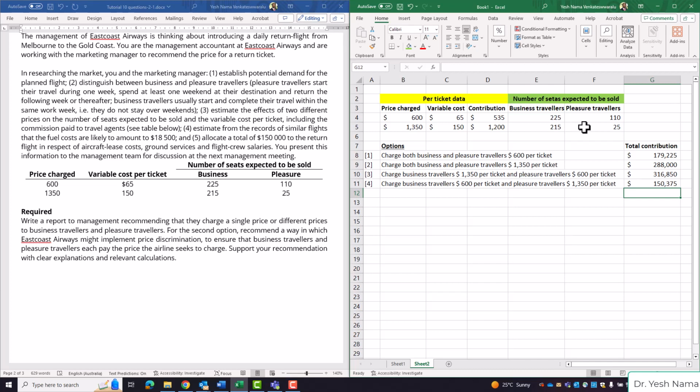Now, this can be easily done by setting up a reservation system such that if the reservation includes a weekend, then you charge $600 per ticket because that will be a pleasure traveler who includes a weekend in the ticket. And if a reservation doesn't include a weekend in the ticket, then you charge such people $1,350 per ticket because that will be classified as a business traveler.